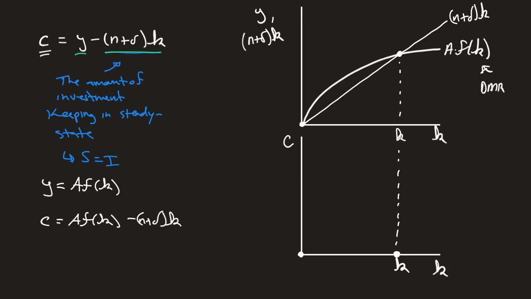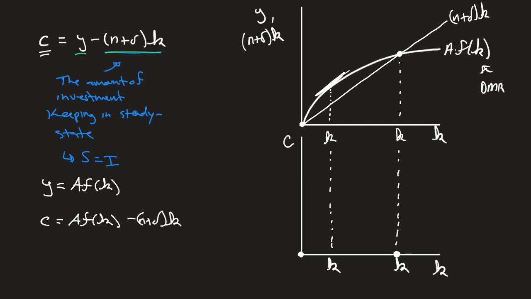These are important points because we can't produce so much capital, so many sewing machines in our factory, that we don't buy anything else, because then we have no consumption. There's got to be a point somewhere right in the middle. In fact, it's where these two slopes are exactly the same. This level of capital is going to provide us with some maximized level of consumption.